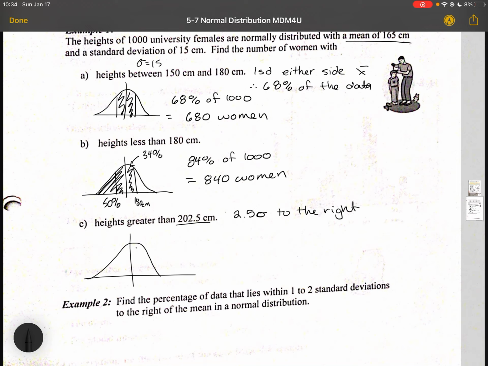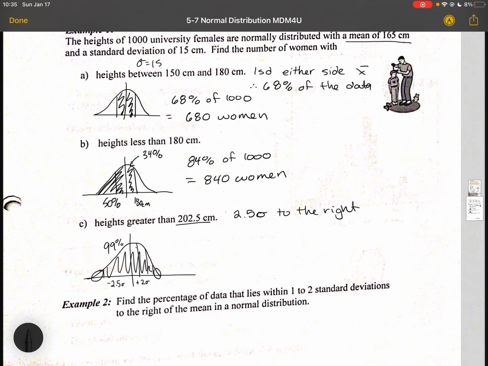So if we've got 2.5, so 1, 2, and then 0.5 here, between here, if I go between, this is minus 2.5 and this is plus 2.5, this whole part accounts for 99% of the data.